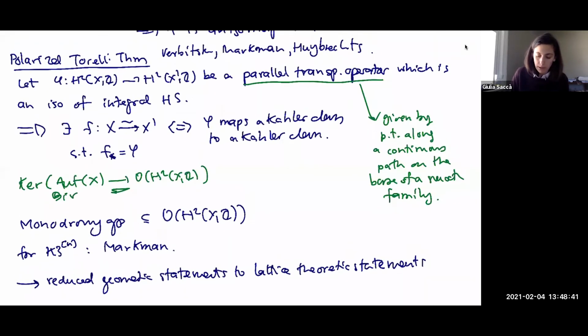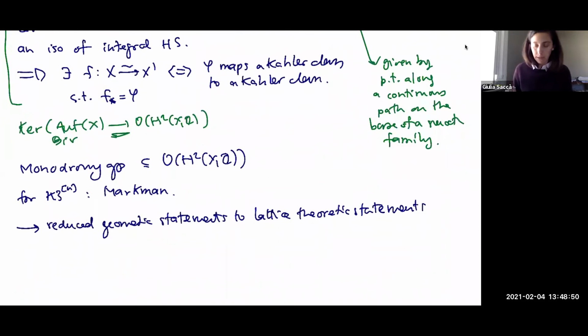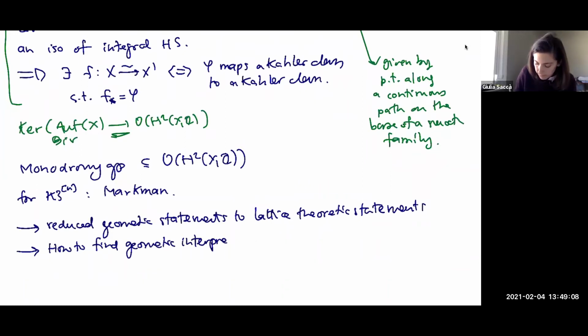There's a version of this for birational maps instead of isomorphisms, but I'm not going to say anything. At the same time, you also want to sometimes go in the opposite direction, which is how to find geometric interpretations of lattice theoretic statements.